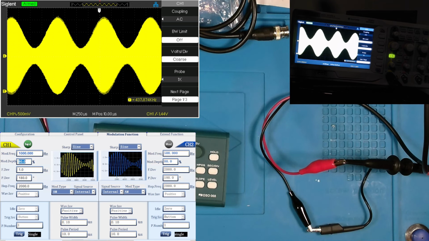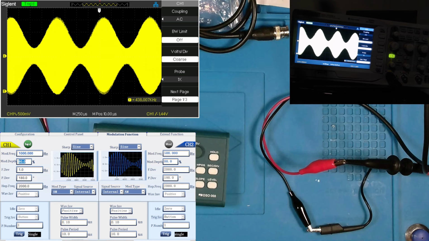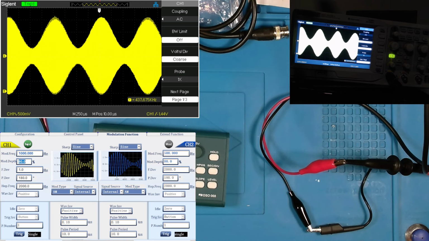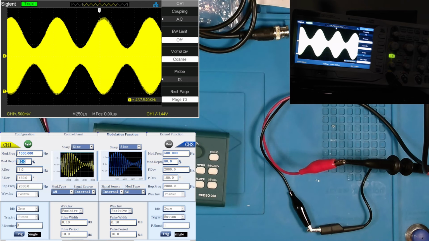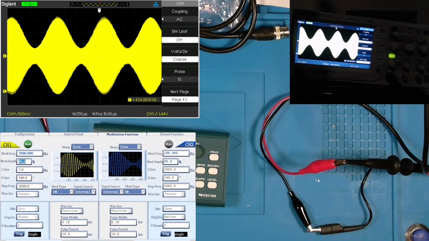We got it as steady as it's probably going to get for now. But there goes our 1 kHz tone modulating that 1800 kilohertz signal at 80%. Now, I know it's at 80% because I said 80%.